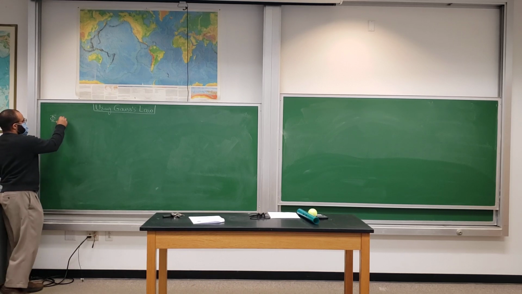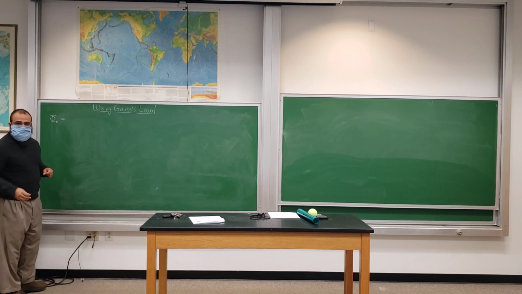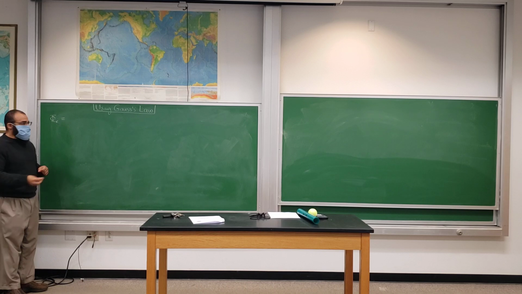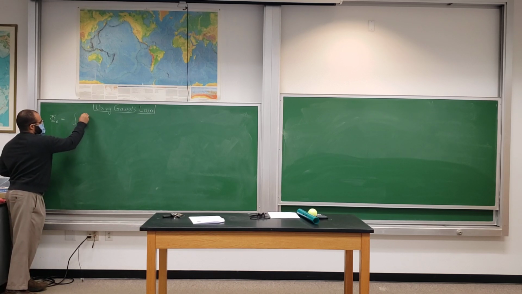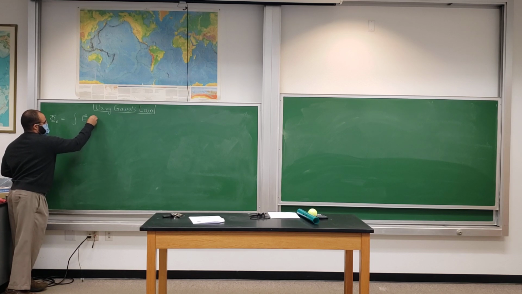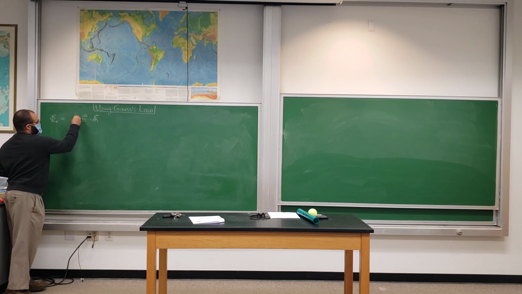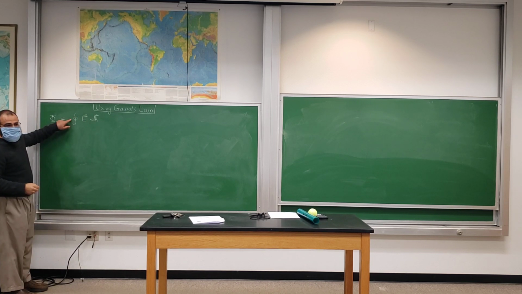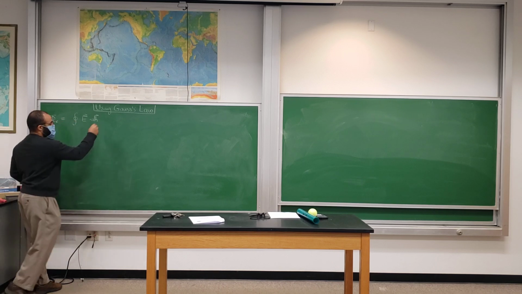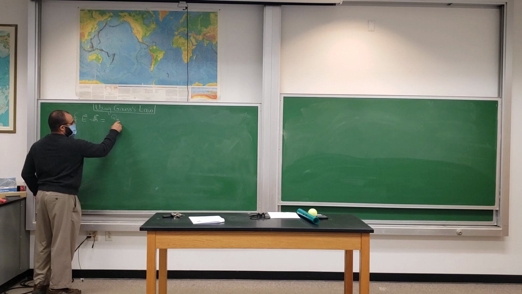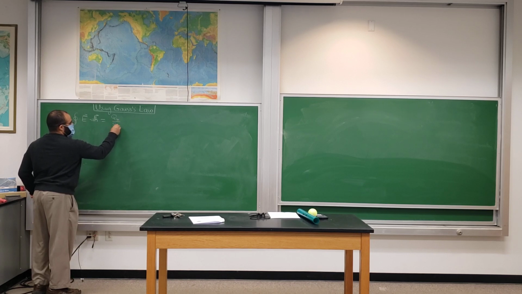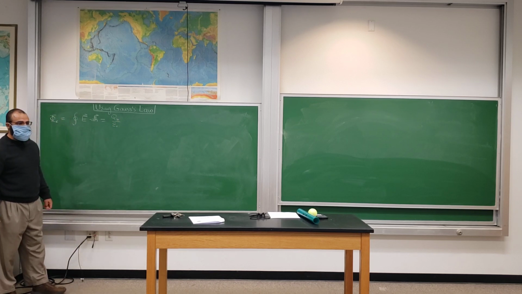So the electric flux through a closed surface, the integral of E dot dA over a closed surface, that's what the circle means, is equal to the charge enclosed within that surface, Q enclosed, divided by epsilon naught. That's what it says.